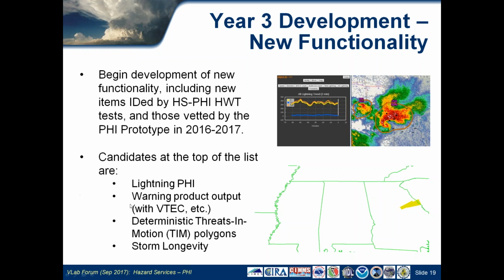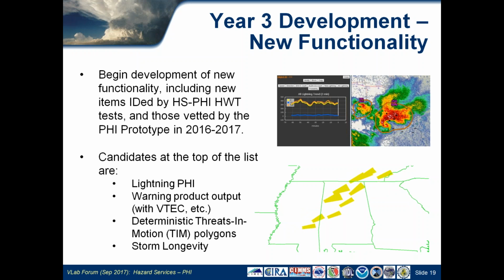Another thing that we're looking at, obviously we've got PHI grids now. What do we do with them? We want to go ahead and try to develop a legacy warning product that goes with them, so it'll look like the current ASCII warning right now with a VTEC code and that kind of stuff. This image you see here looping on the right, this is what we call threats in motion. This is one of the aspects of PHI, and that is rapidly updating probabilistic hazard grids.